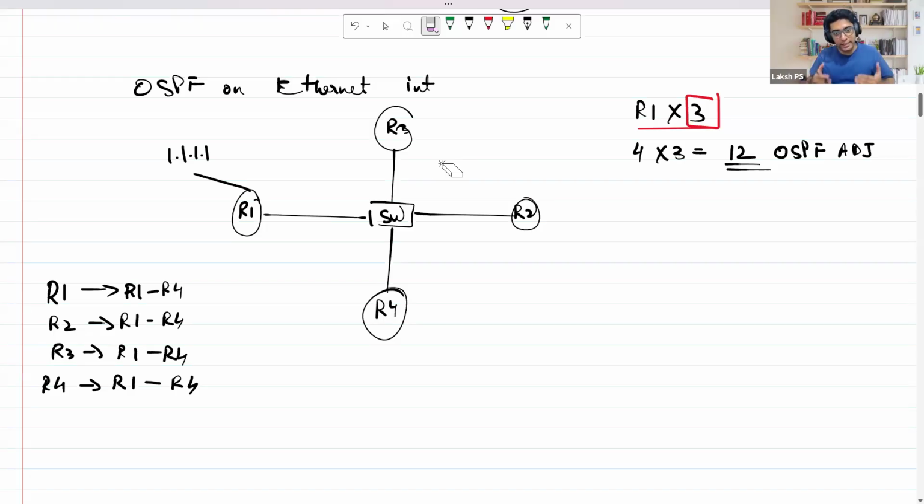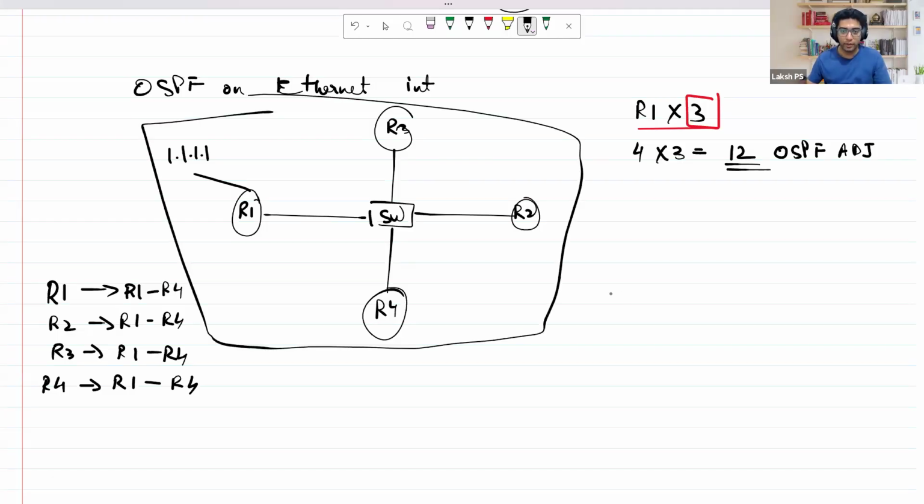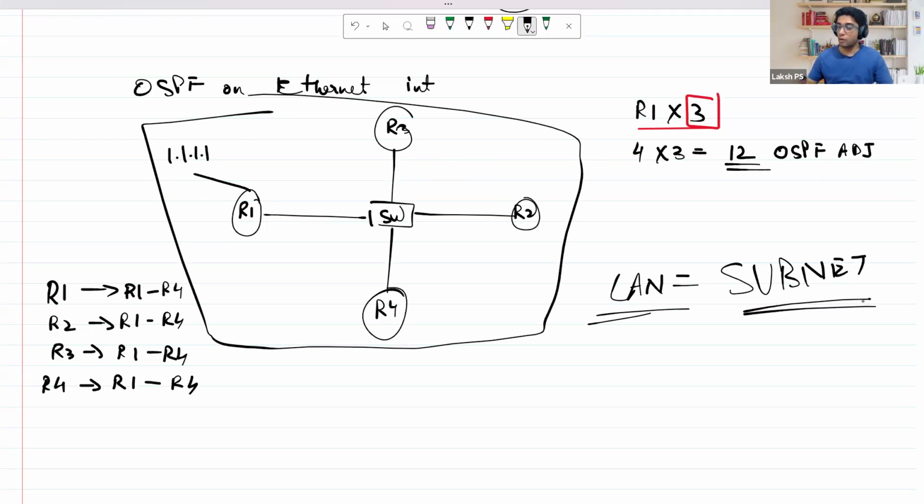Every router is sharing the same information with each other. What is the point? And all of them are connected to the same network. We are talking from a LAN perspective. When we are talking from a LAN perspective, they are from the same subnet as well. They're not from different subnets. They're from the same subnet.